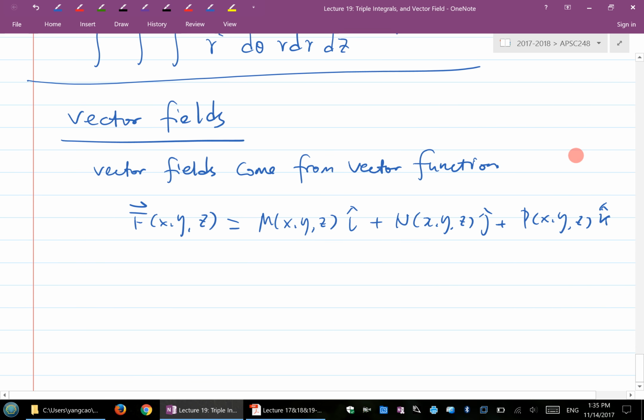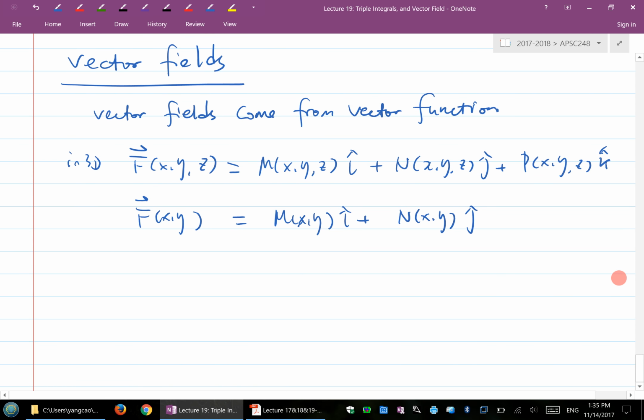This is a function in 3D. And we can definitely have a simpler one, which is a function in 2D, here. So that's a function in 2D, and that's a function in 3D.